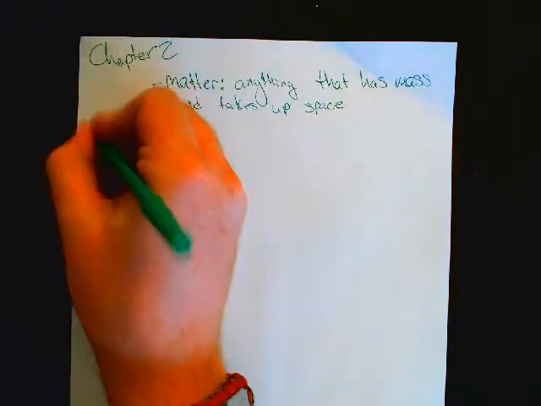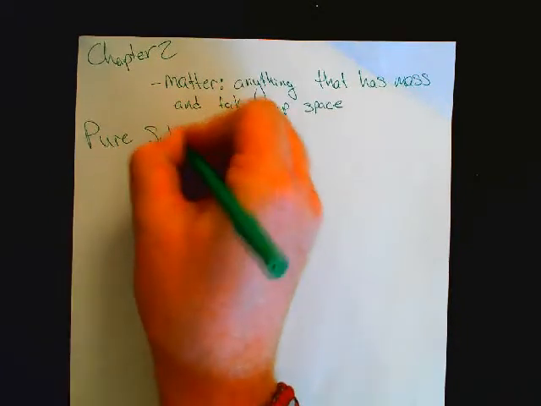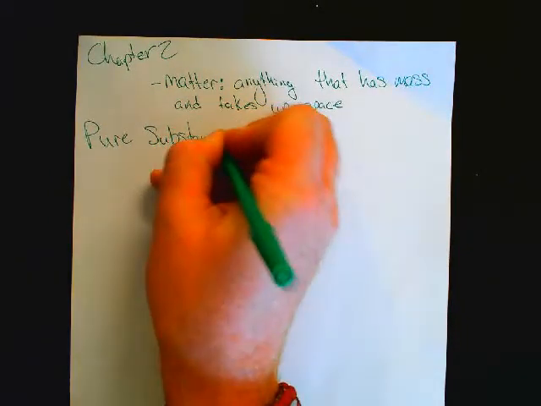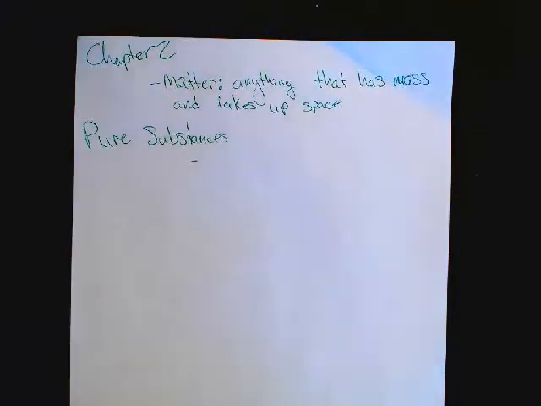All right, so now we've got an idea for matter here. Our first couple sets fall into a category called pure substances. A pure substance is any substance made up of one type of molecule.